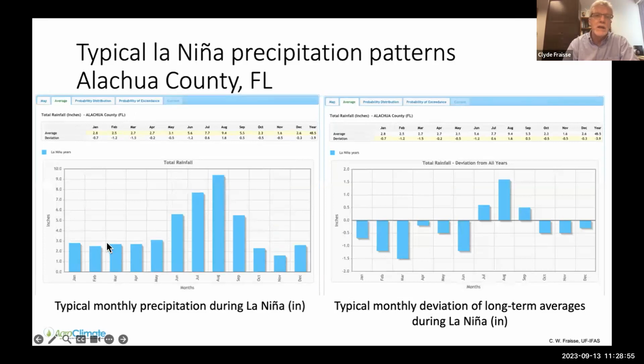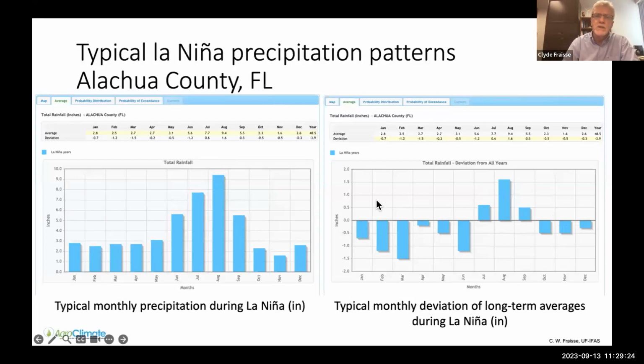If we're looking at La Niña years for the same place, Alachua County, you would see a different picture, with below normal or negative deviations of the precipitation accumulated during the spring and the fall semesters, and some above normal during the hurricane season, let's say.